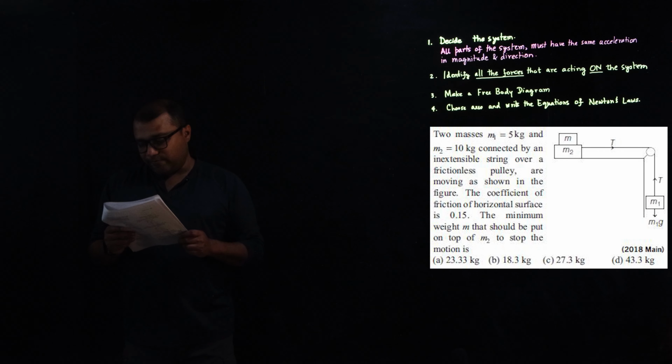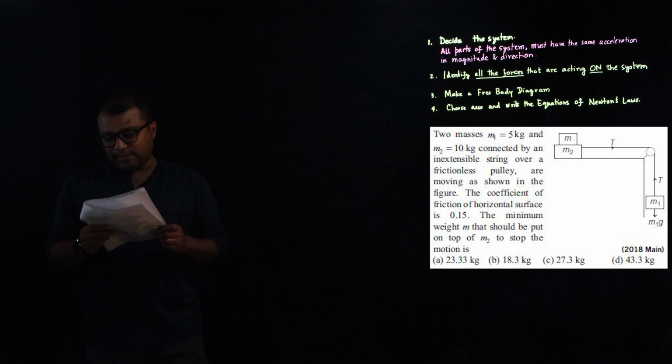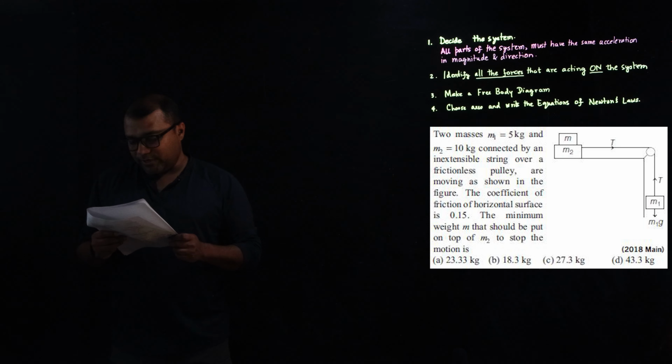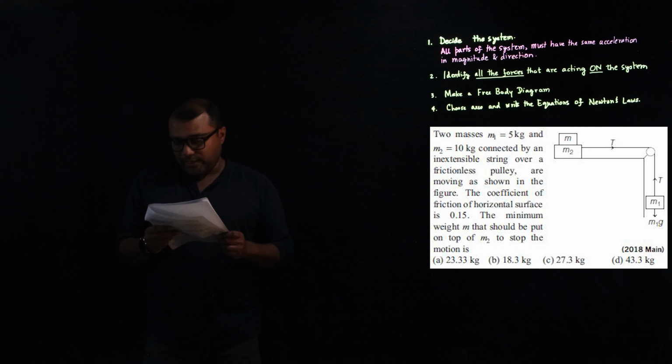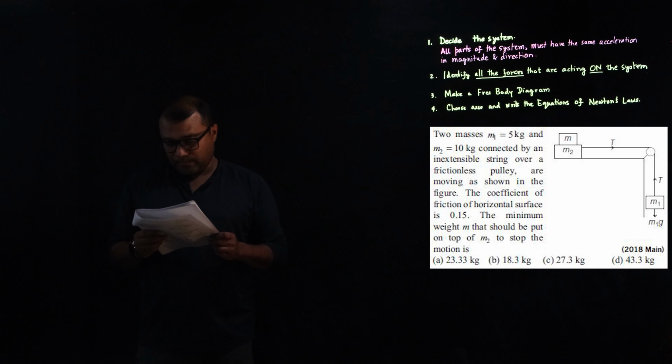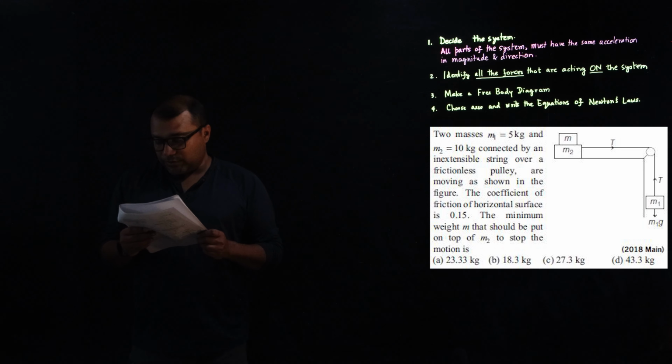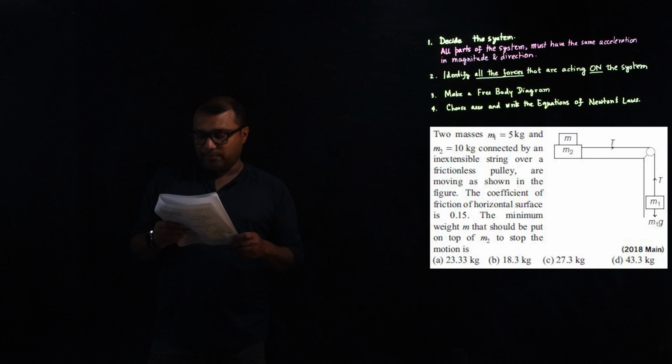Two masses M1 and M2 connected by an inextensible string over a frictionless pulley are moving as shown in the figure. The coefficient of friction of the horizontal surface is 0.15. The minimum weight M that should be put on top of M2 to stop the motion is?